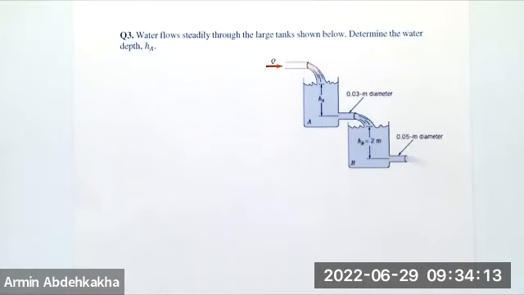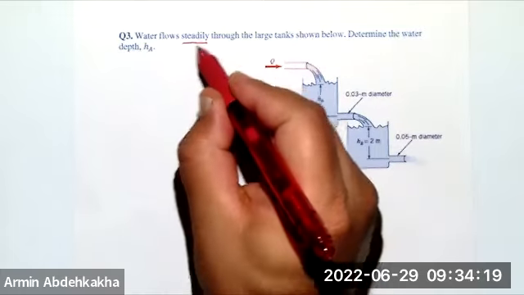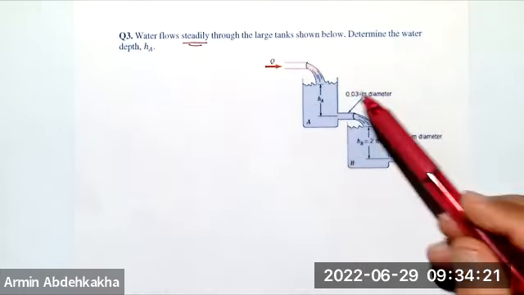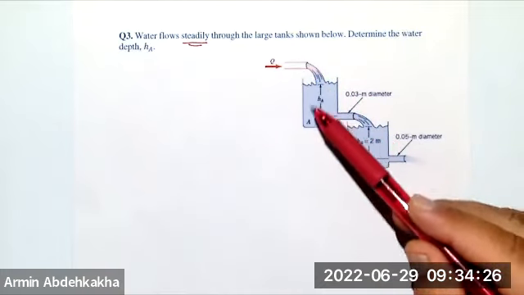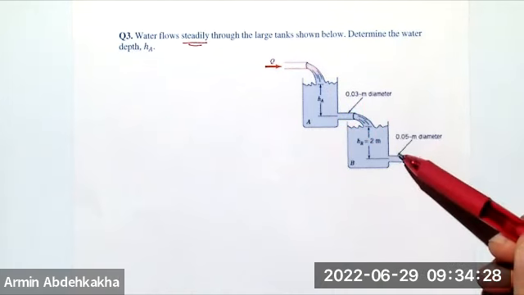The question is very short. Water flows steadily, just steady, it's mentioned here, through the large tank. So it comes from here and over this large tank, comes down below, okay?